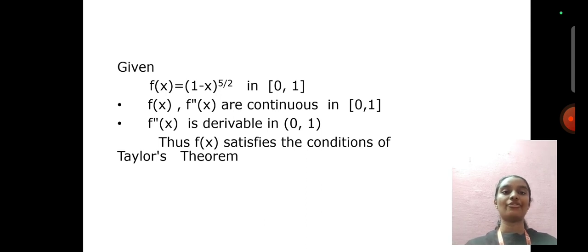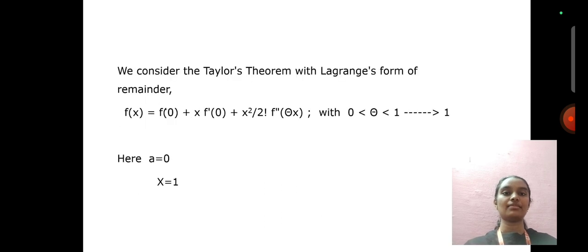Thus, f(x) satisfies the conditions of Taylor's theorem. We consider Taylor's theorem with Lagrange's form of remainder, that is f(x) = f(0) + x f'(0) + (x^2/2!) f''(θx) with 0 < θ < 1, which is considered as equation 1.